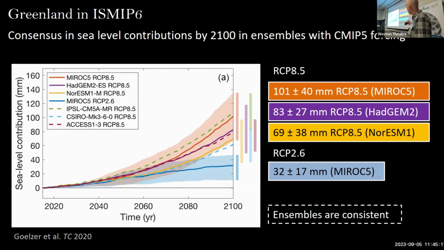We can see that there is a separation between what we project based on high and low end emission scenarios. The lower end of emission scenarios is separated from the high end. There's a range of different outcomes, but they're consistent at least.